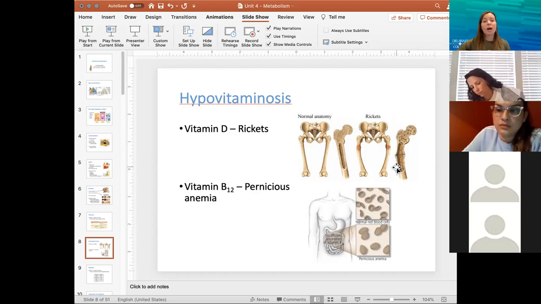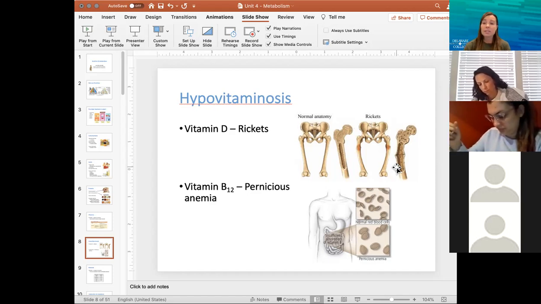And the other example is a disease called pernicious anemia. This is a deficiency of vitamin B12.